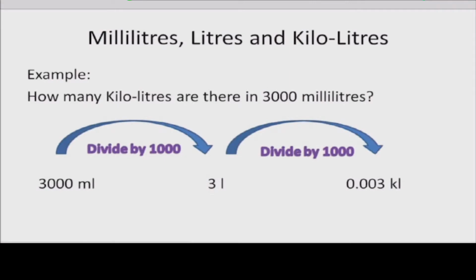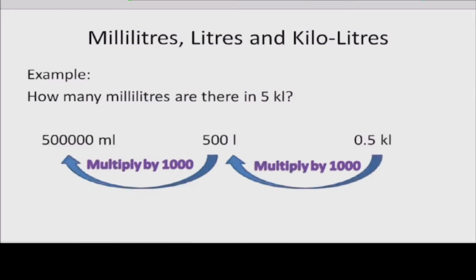In this example, how many kiloliters are there in 3,000 milliliters, right? So for this example, you need to do two conversions because you need to convert milliliters to liters and then liters to kiloliters, right? So 3,000 milliliters divided by 1,000 will give you 3 liters. So at the moment your answer is in liters, and then you divide by 1,000 again to get the answer in kiloliters.